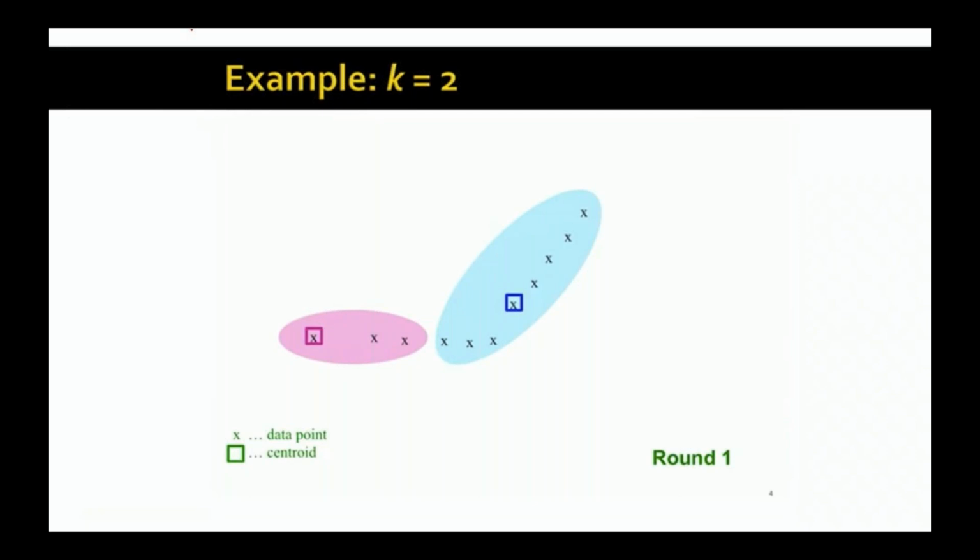Now what I'm going to do now is, because I've created these 2 new clusters, I'm going to compute their new centroids. And when I compute the new centroids, the centroid of the pink cluster moves over a little bit to the left to this new position here, and the centroid of the blue cluster moves to that new position.